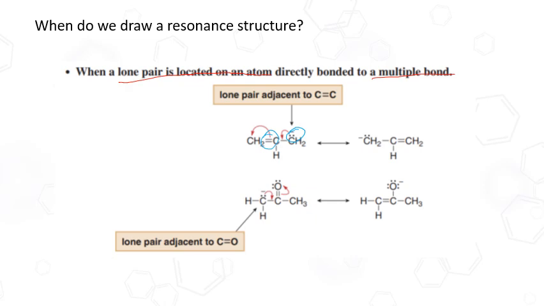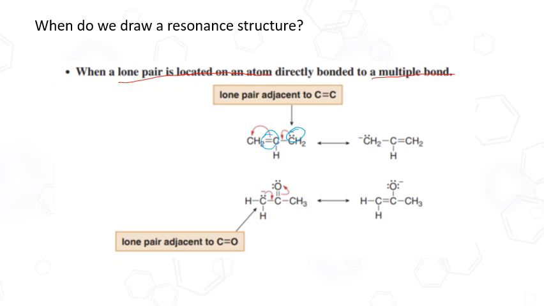So when there is such a situation, then you know that you could draw a resonance structure. So what happens? Your lone pair moves to form a double bond, and then that double bond that's next to it will form a lone pair on the next bonded carbon.